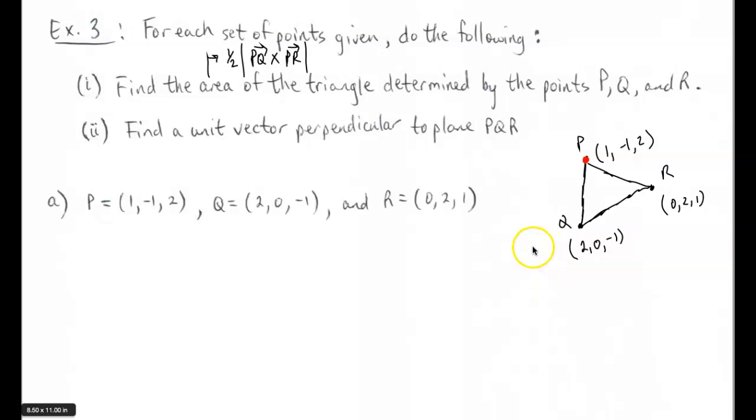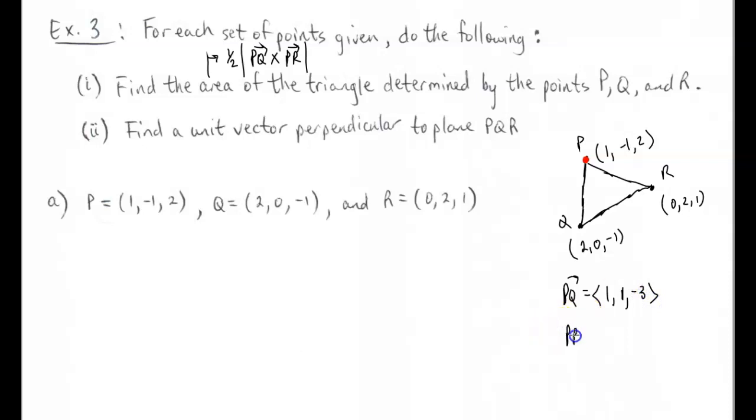So we'll see that for our vector PQ, we're just going to take the difference in components here. So if we go from P to Q, 2 minus 1 will give you 1. So our vector PQ here in component form will just be 2 minus 1, which is 1, 0 minus -1, which is 1, and -1 minus 2, which will be -3.